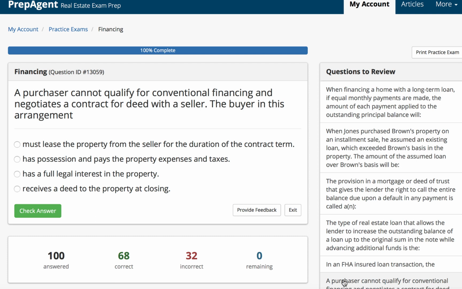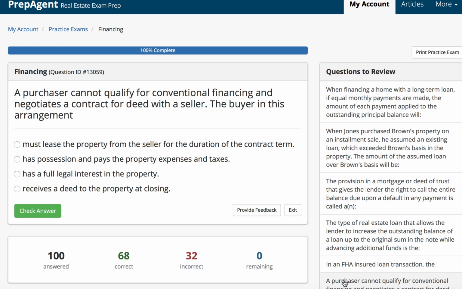A purchaser cannot qualify for conventional financing and negotiates a contract for deed with the seller. The buyer in the agreement must lease the property from the seller for the duration of the contract term, has the possession and pays property expenses and taxes, has a full legal interest in the property, or receives a deed from the property at closing.